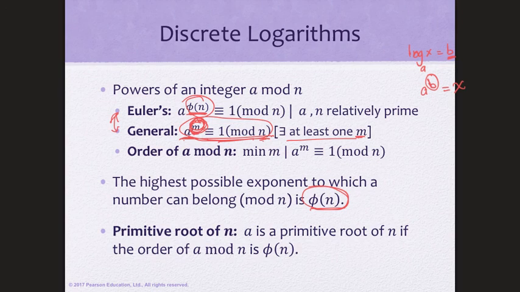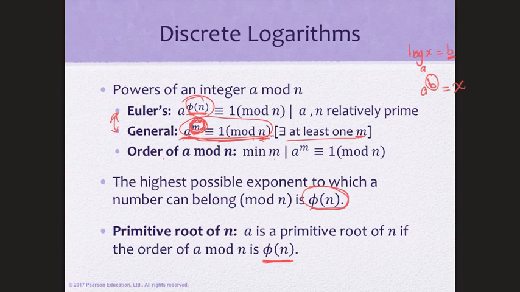Then we define something called the primitive root of n. A number a is a primitive root of n if the order of a mod n is the highest, which means it is phi of n. Remember, the order is the smallest exponent.